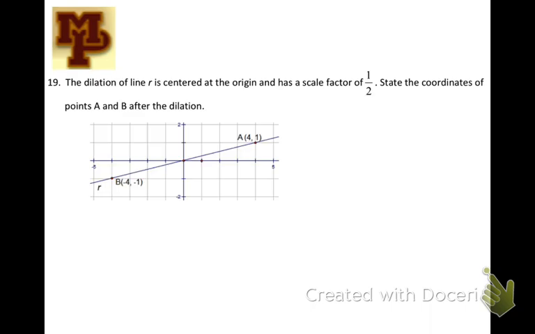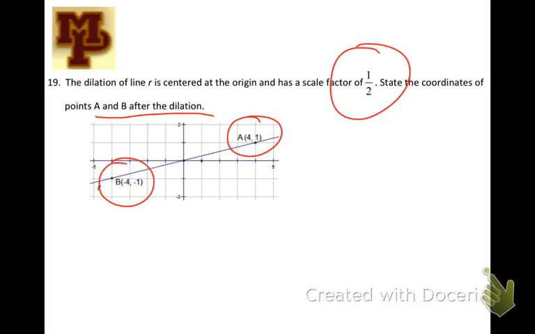Okay, we can try to figure out what the new coordinates are after they have a dilation. So really all we have to do is multiply the coordinates by 1/2.